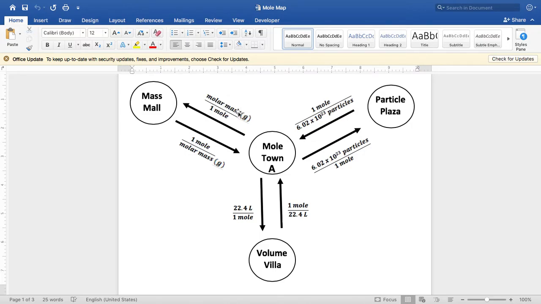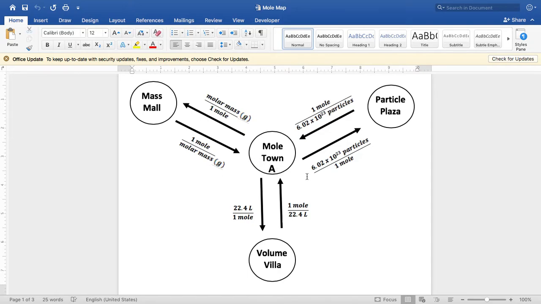Okay, I would take the molar mass on top divided by 1 mole on the bottom. Now, the molar mass depends upon whatever element or compound you are using. If we're going the opposite direction, if we're going from Mass Mall to Mole Town, you're going to put 1 mole on the top and you're going to put molar mass on the bottom. Okay? They're the same conversion factor, they are just switched depending on which way you are going.